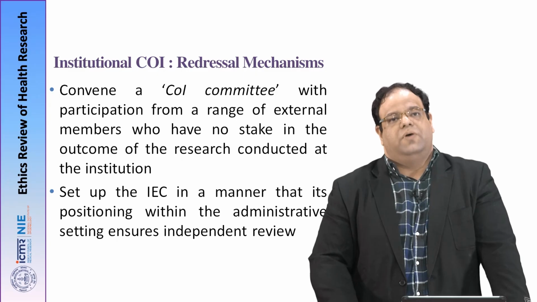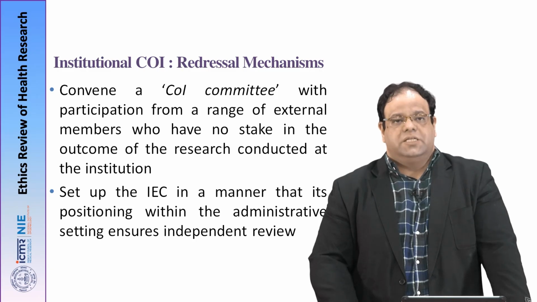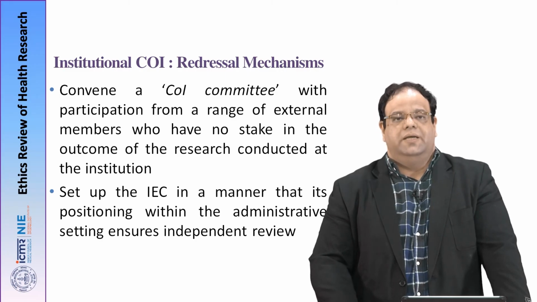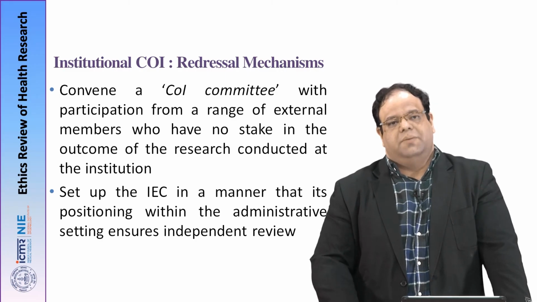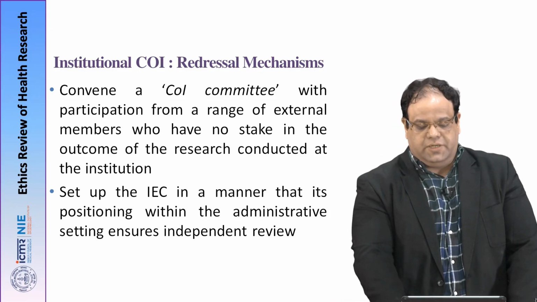That is one example of how at the institutional level conflicts of interest could be addressed. But also you need to ensure as an institution that the ethics committee is set up in a manner that within the administrative hierarchy there is enough freedom and enough independence for the ethics committee to be able to function effectively and also address potential conflicts of interest.